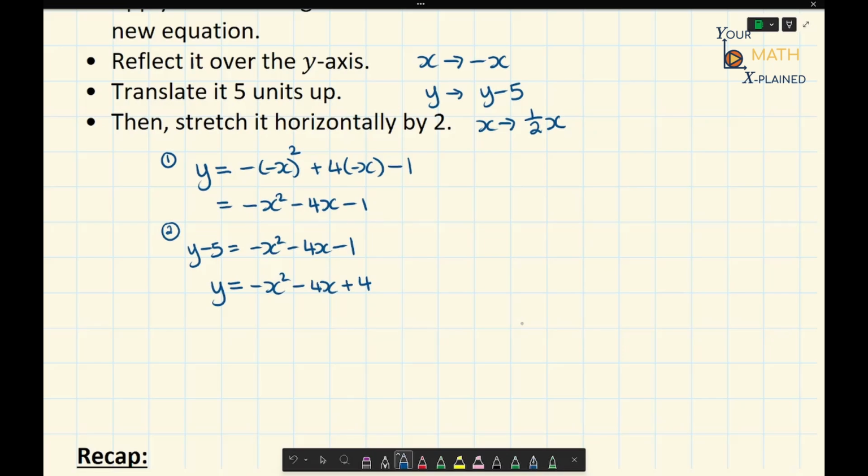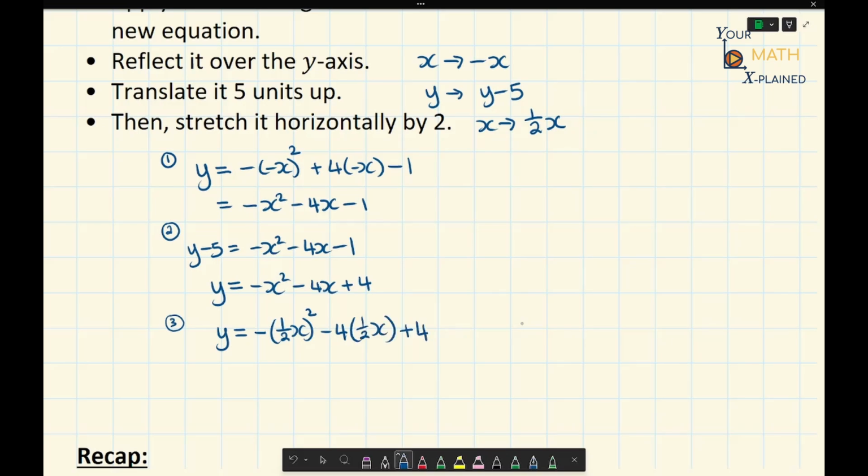And then finally, we're going to perform our third transformation, which is stretching it horizontally by 2. So that tells us to replace x with 1/2 x. So meaning we're going to get y is equal to negative 1/2 x squared minus 4 times 1/2 x plus 4.